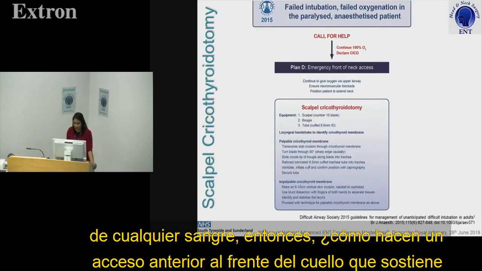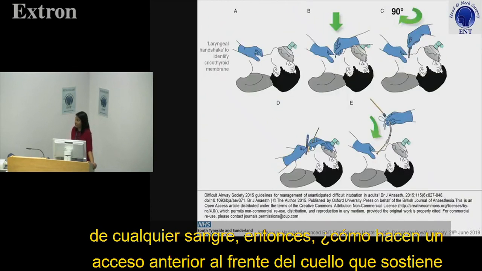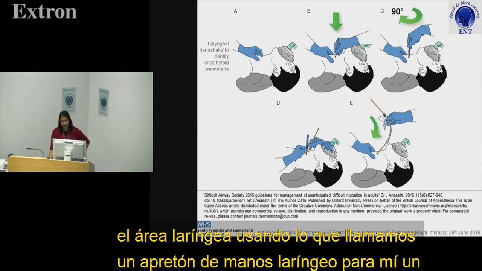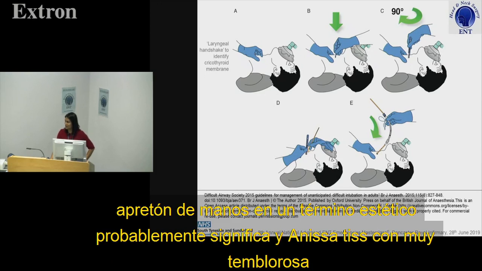So, how do they do an anterior front of neck access? You hold the laryngeal area by using what we call a laryngeal handshake. To me, a laryngeal handshake in anesthetic term probably means an anesthetist with very shaky hands.